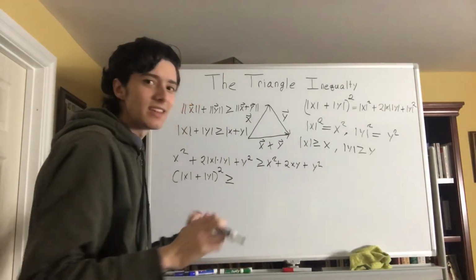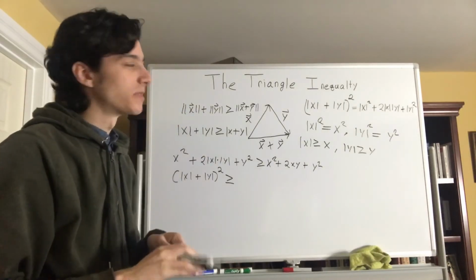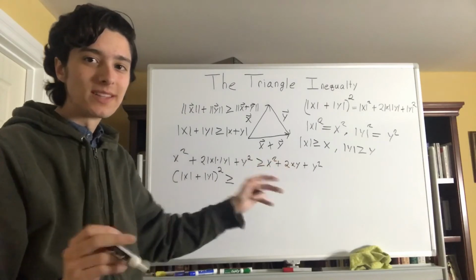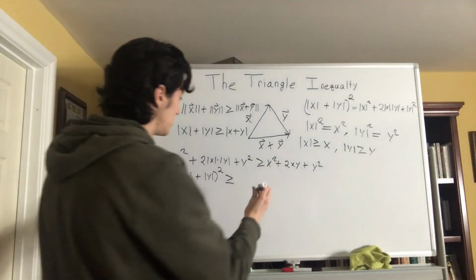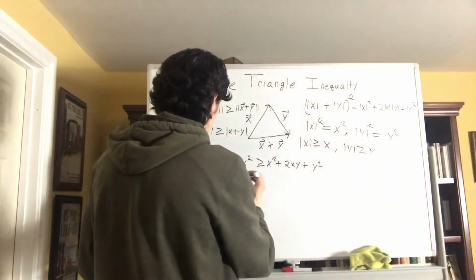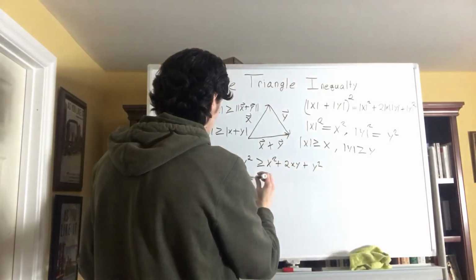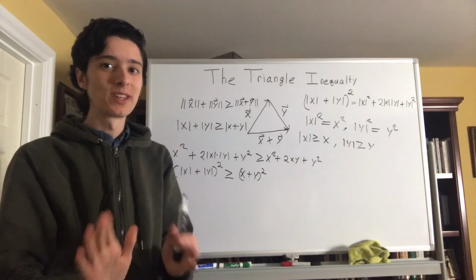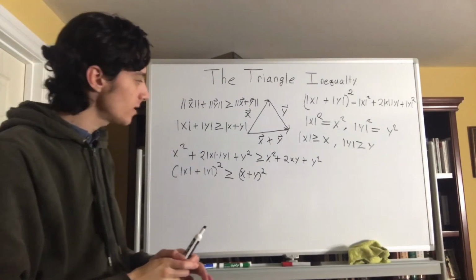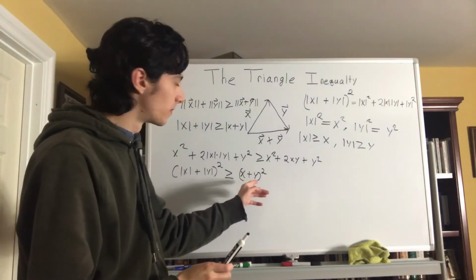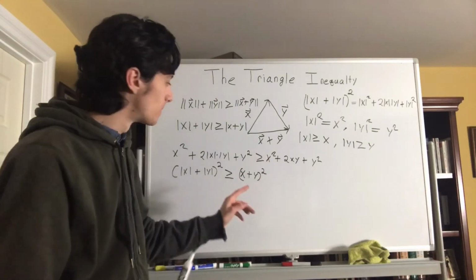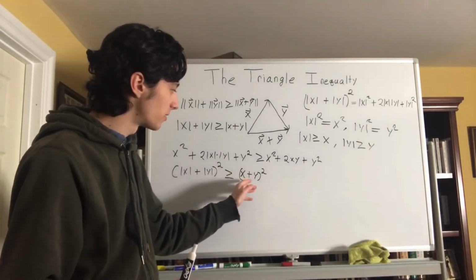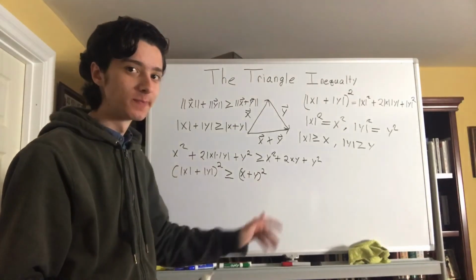And this we can think about if we try to factor this out, we would see that this is the same thing as x plus y squared. So again, if we were to FOIL this out, we would get x squared plus 2xy plus y squared.